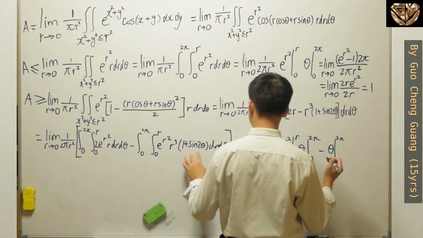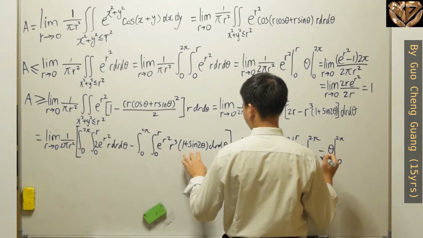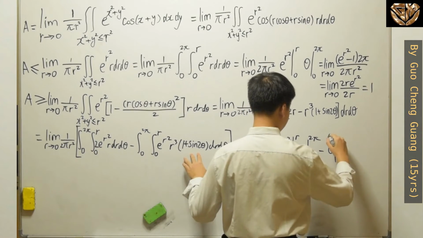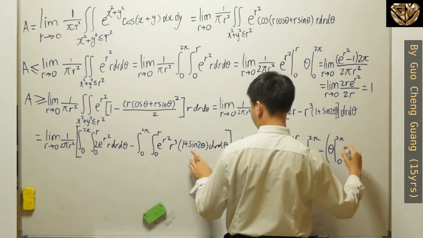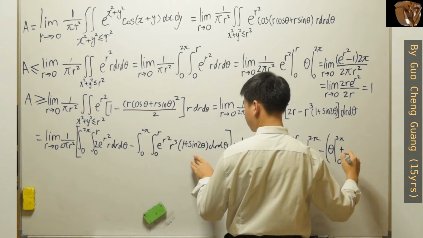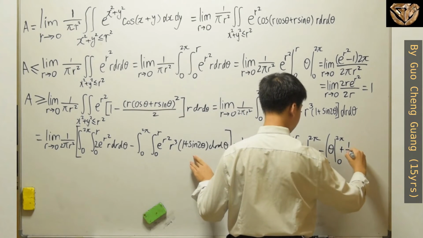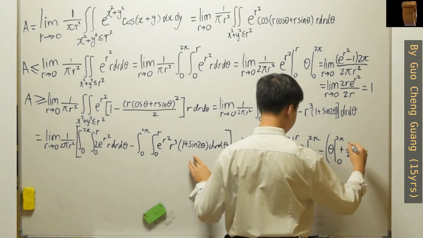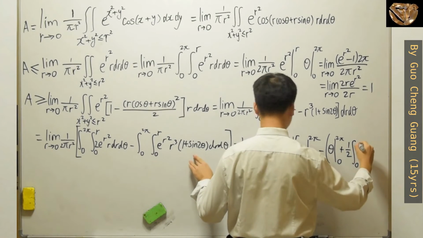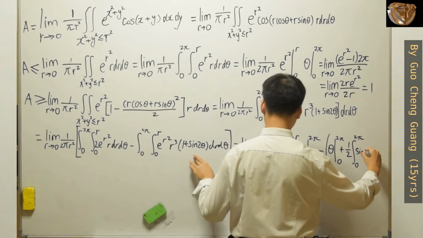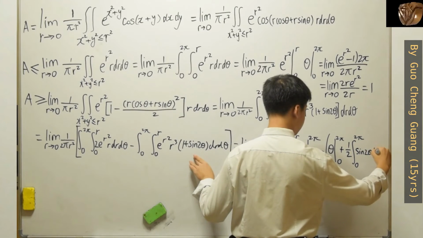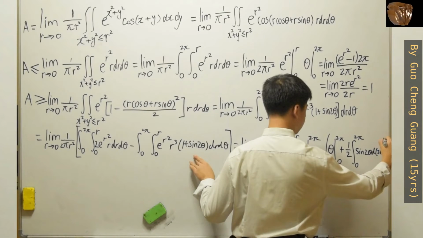Now, sine 2 theta. Sine 2 theta, which means we can have, okay, I'm just going to write out everything. So half, integrate from 0 to 2 pi, sine 2 theta d 2 theta.